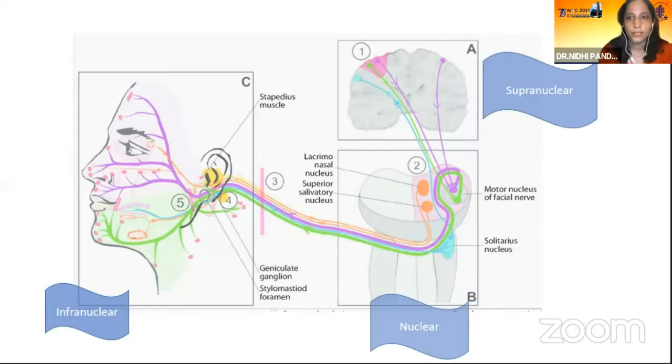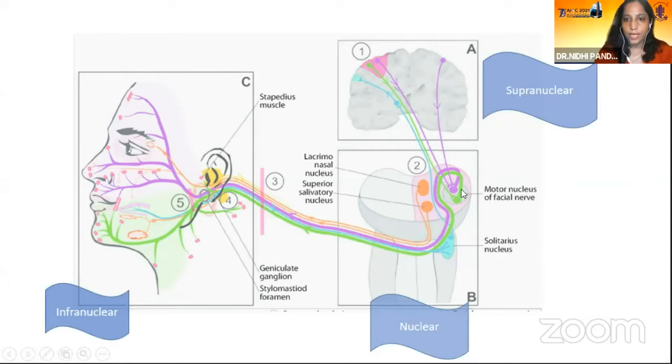Now, broadly, we can divide it into the supranuclear portion, a nuclear portion, and the infranuclear portion. The upper motor neurons are located in the facial motor area in the precentral gyrus. The corticobulbar tract descends with the axons, crosses to the opposite side, and synapses with the lower motor neuron located in the pons.